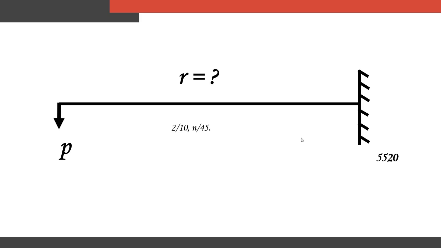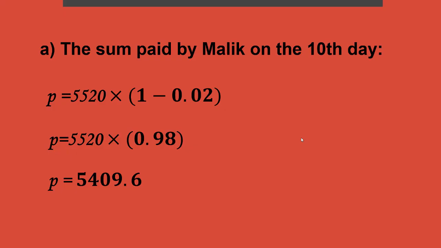S equals 5,520. So P equals 5,520 times 1 minus 2%. The discount equals 2%.